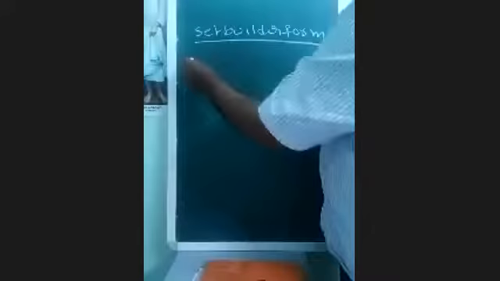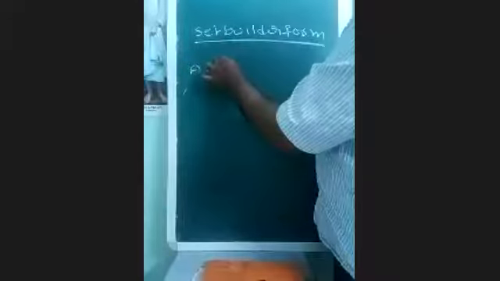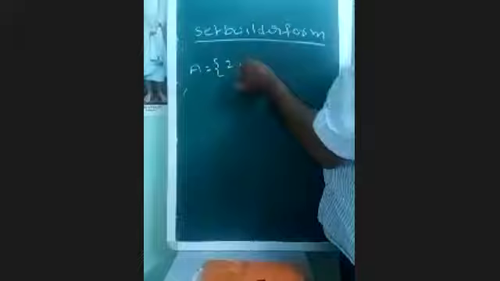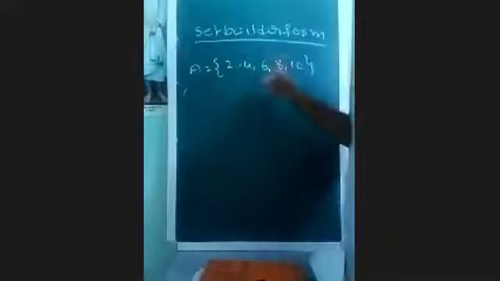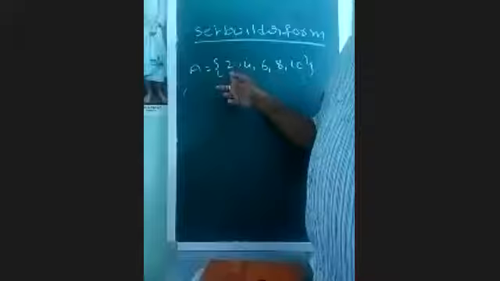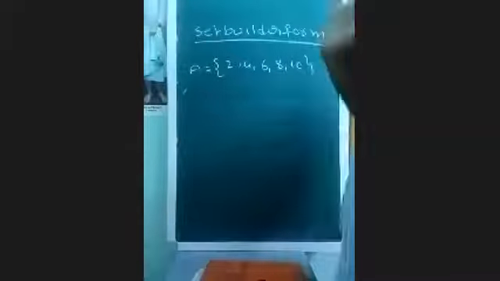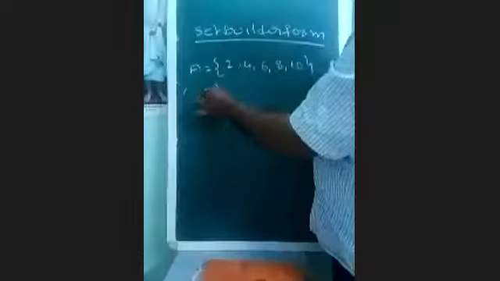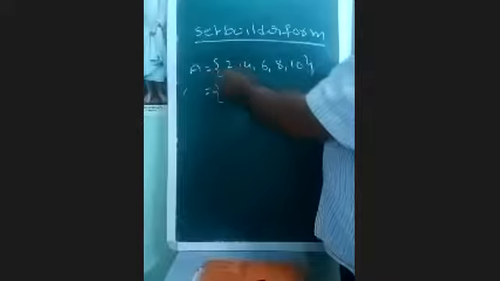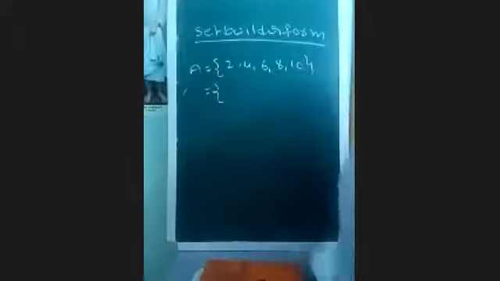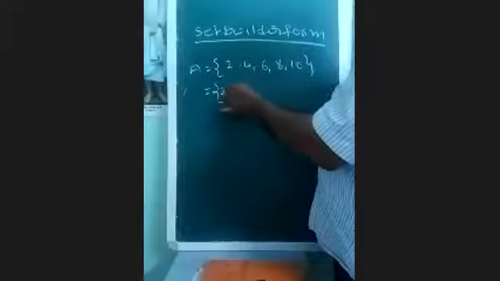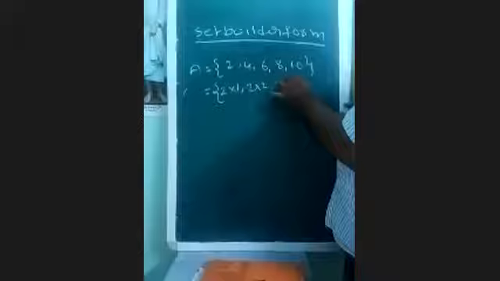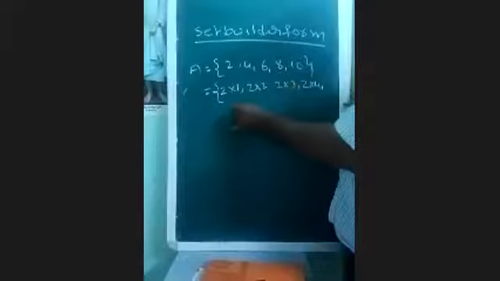For example, A is equal to {2, 4, 6, 8, 10}. The set of all elements is described by a rule. How does it follow a rule? You observe that set A contains even numbers. Those numbers can be written as 2 into 1, 2 into 2, 2 into 3, 2 into 4, 2 into 5.